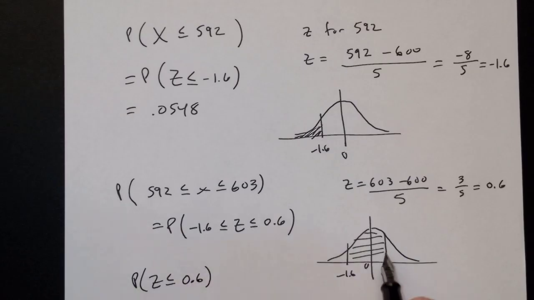And then that would give me everything from here to the left, but I don't want this part. So I'd have to subtract off this little tail here. But this is the number we already calculated, isn't it? That's that 0.0548 that we got in the previous part.